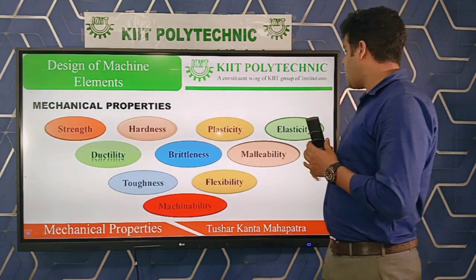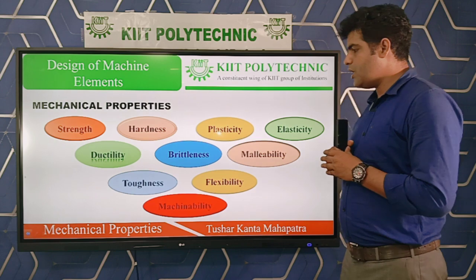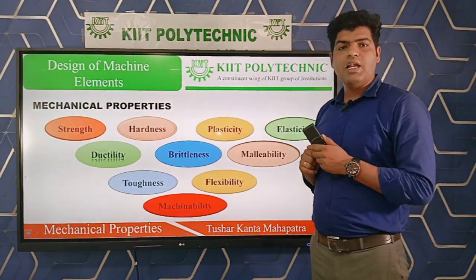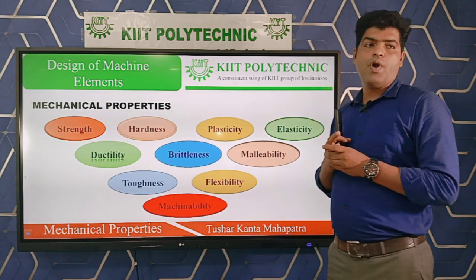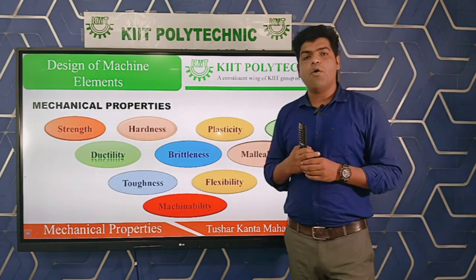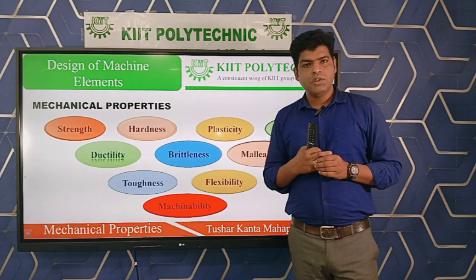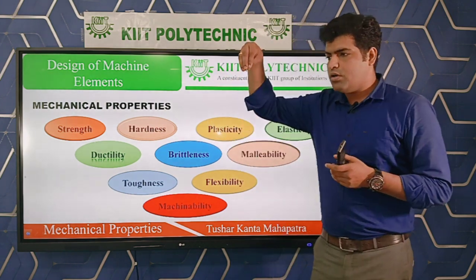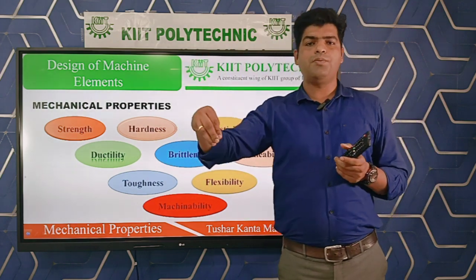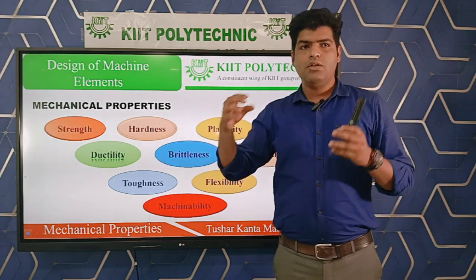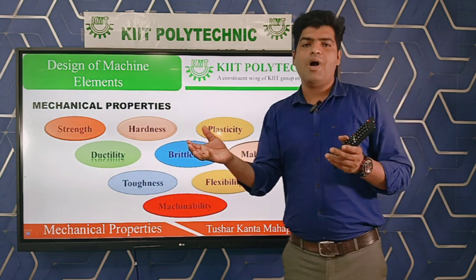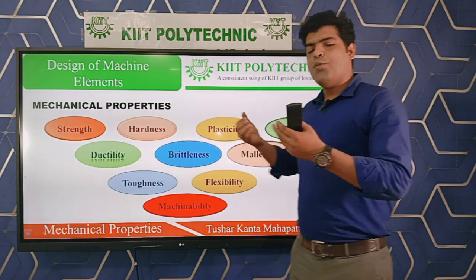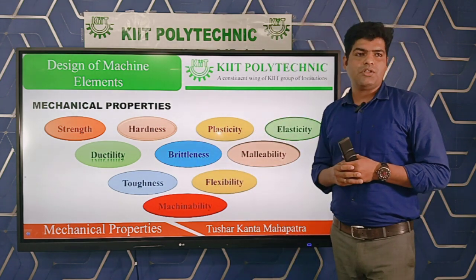So first we know what is elasticity. I will discuss one by one. Elasticity is the property where the object can deform when we load it, and after relieving the load, the object can move back to its original position.